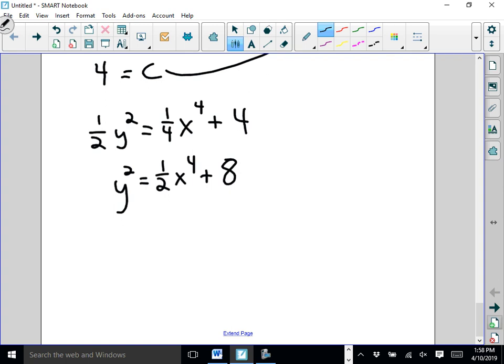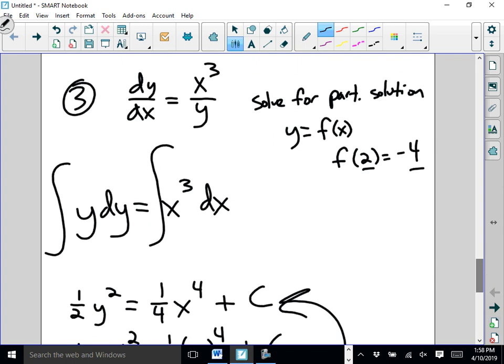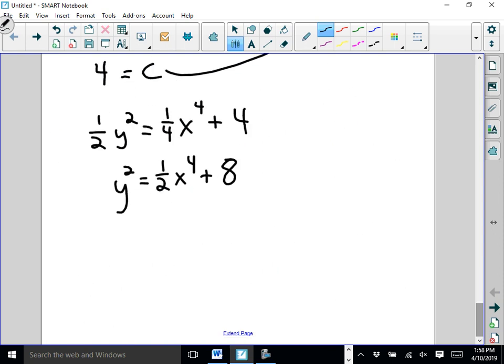Which one do we need? Well, it depends on our initial value of y. Our initial value of y is negative. That tells me that I need the negative square root. So y must equal the negative square root of half x to the 4th plus 8.